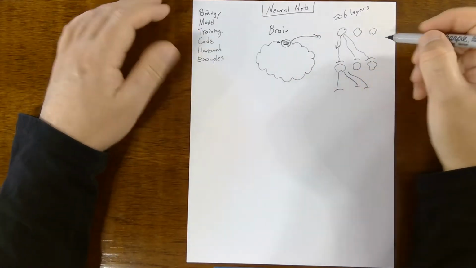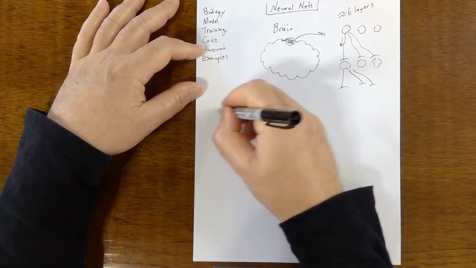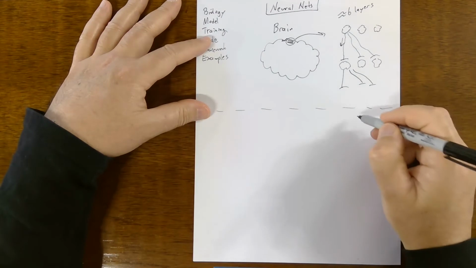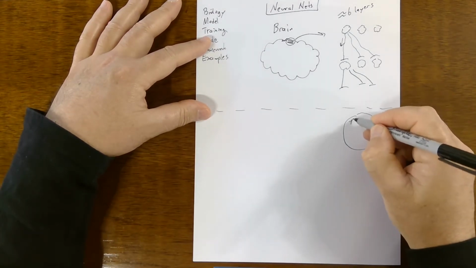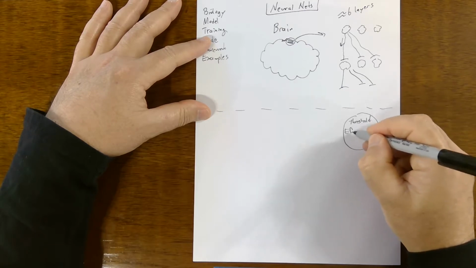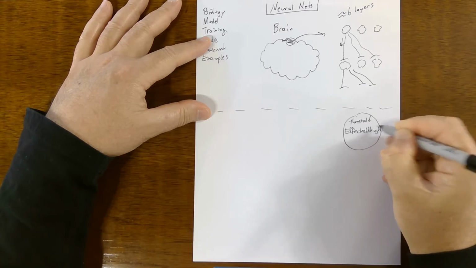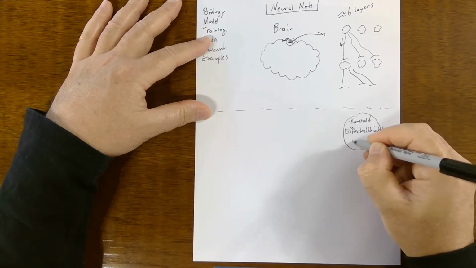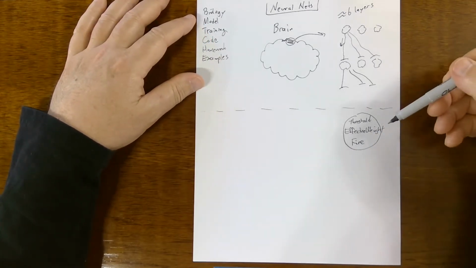Okay, so we can build a computational model whereby in each neuron we have 3 values. We have a threshold, and we have something called the effective weight, and then we have a Boolean called fire. So let's define these.